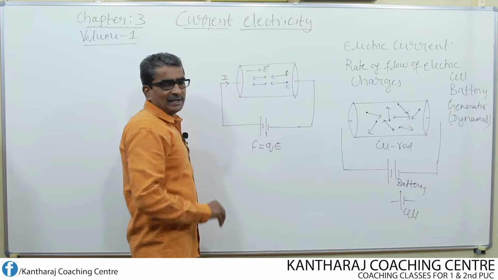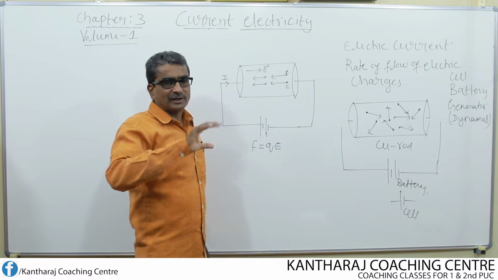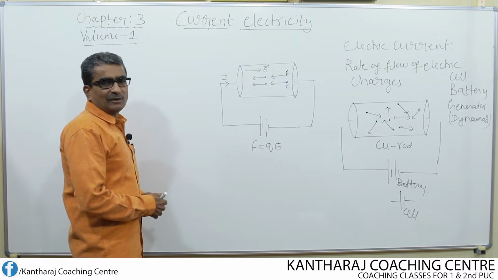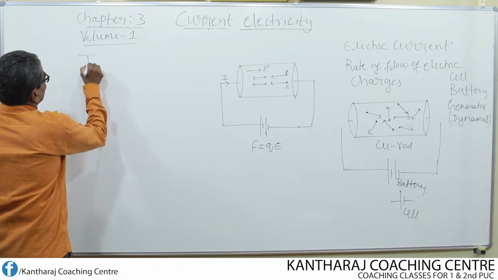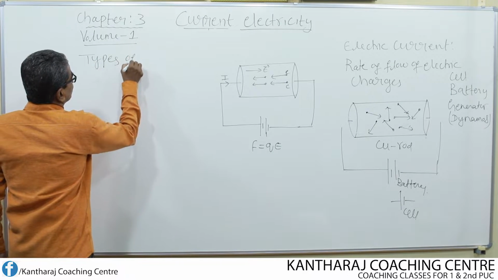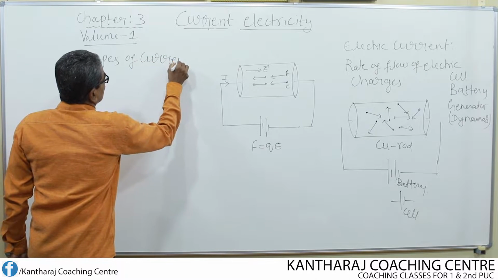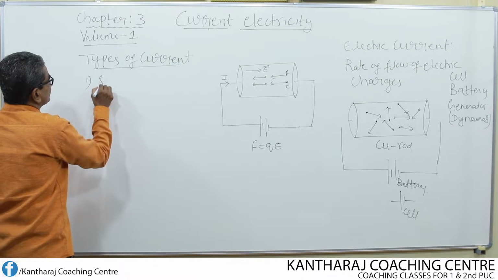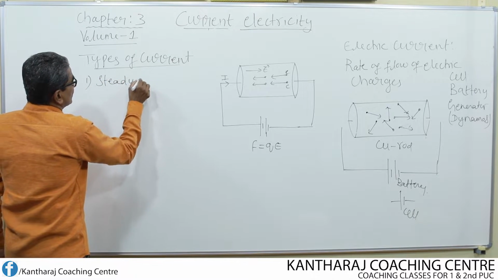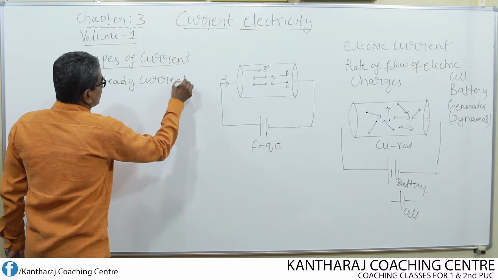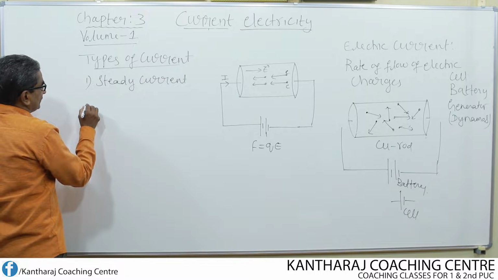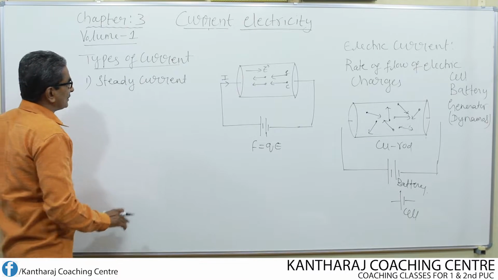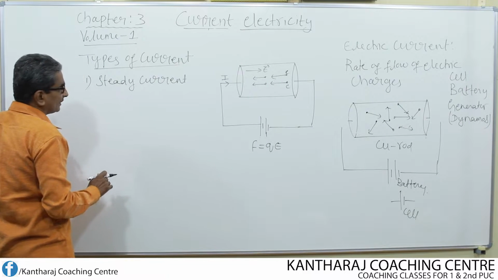We come across different types of current now. What are the different types of current? The different types of current are like this. Types of current: steady current. First of all, we shall know what is meant by steady current.